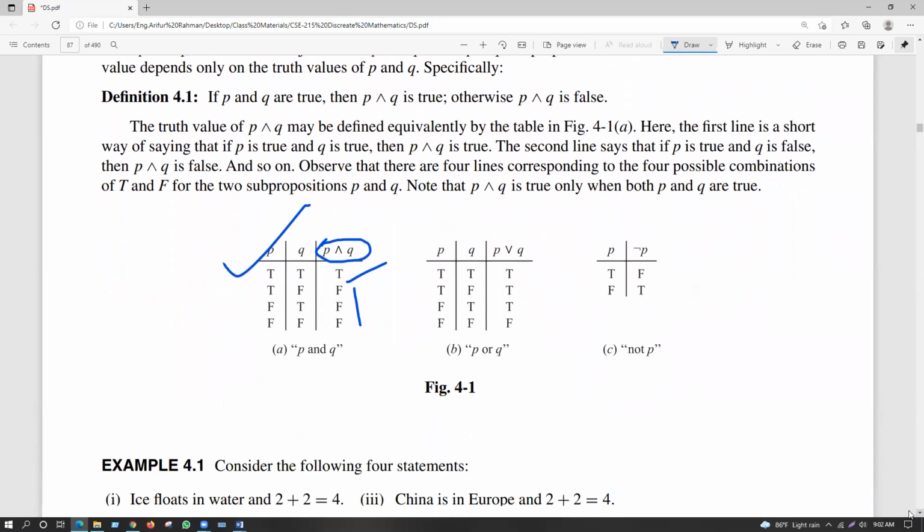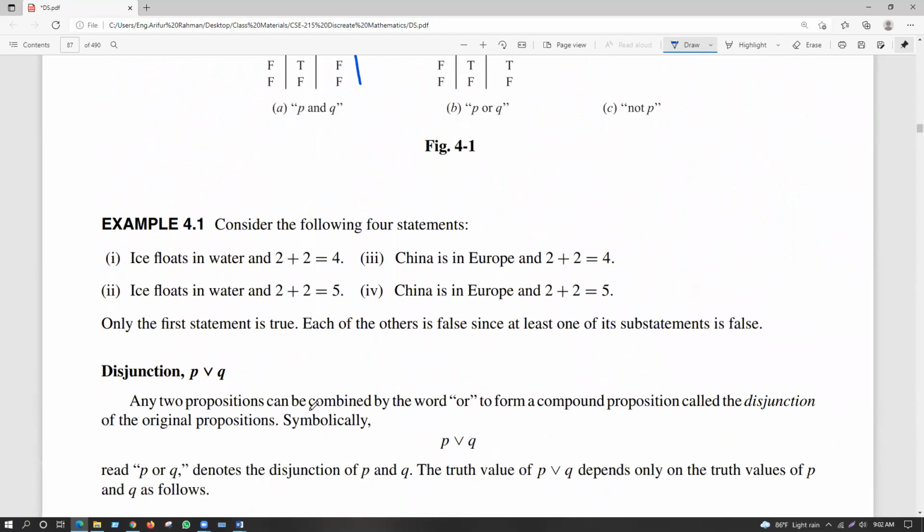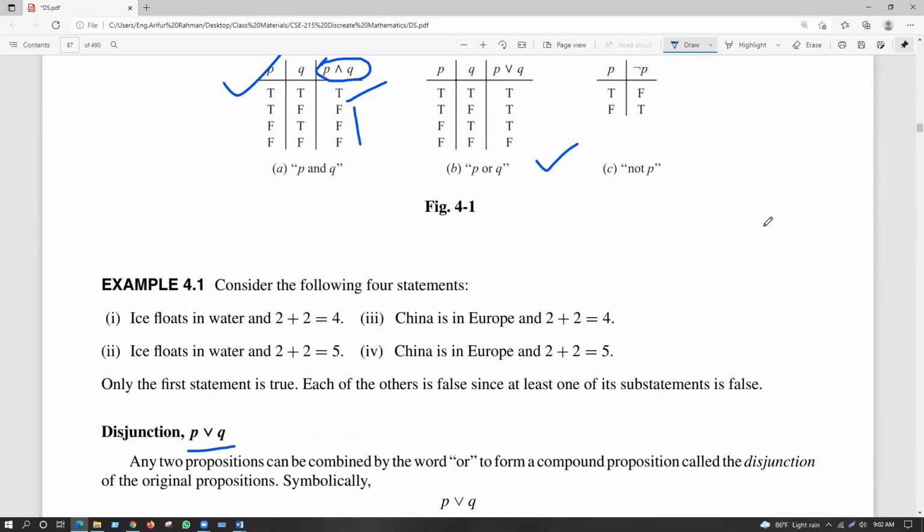What about disjunction? Disjunction, we say P disjunction Q, or we say P or Q, and that's the truth table. That means the statement is false only for false values of both of the statements, right?